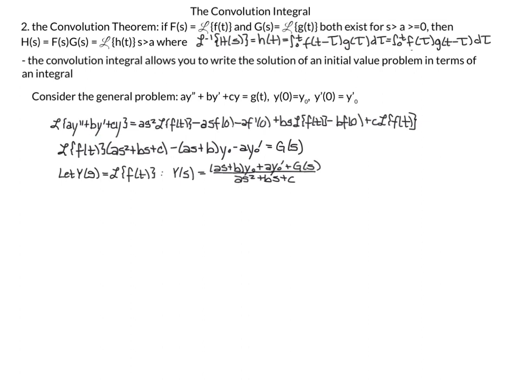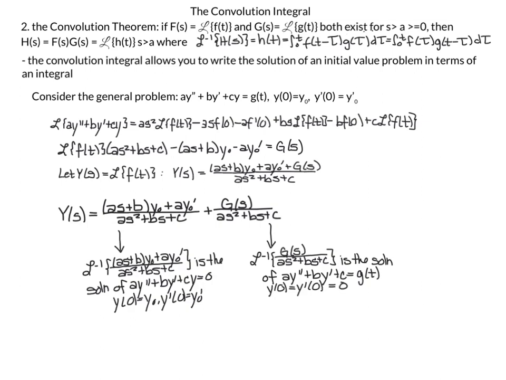Now I group all the terms that multiply L of y together, the terms that multiply y naught, and the term that multiplies y naught prime, and all of that is equal to the Laplace transform of the right-hand side of the equation, which is capital G of s. I let Y of s equal L of y, so then I have this form: Y of s is equal to (as plus b) times y naught, plus a y naught prime, plus capital G of s, all over as squared plus bs plus c.